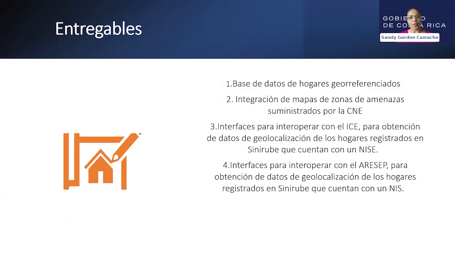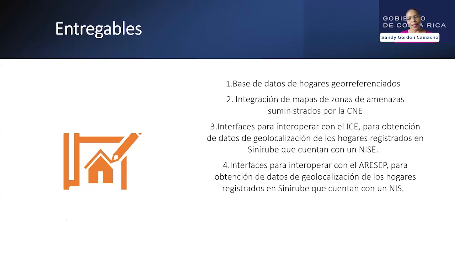We are trying to improve now the quality of the data, also integration of hazard zone maps provided by the National Emergency Committee. And here we can talk about meteorologic, water, floods, tsunami, landslides, mud.